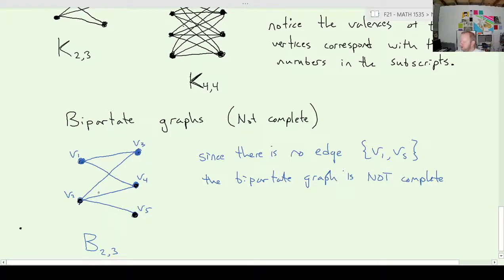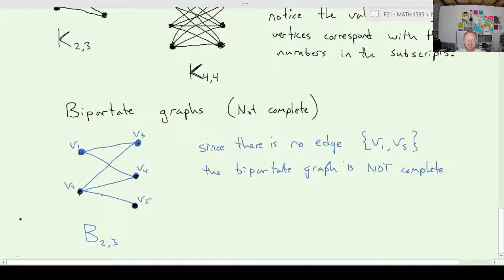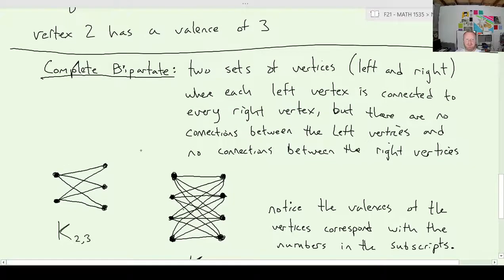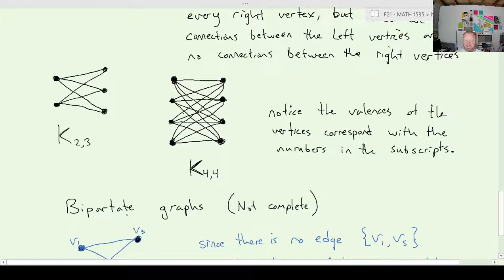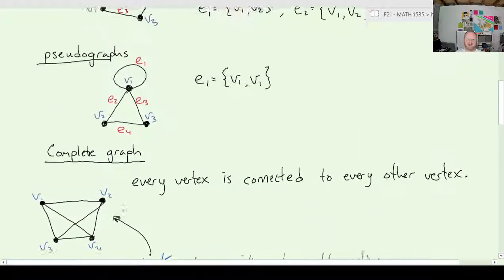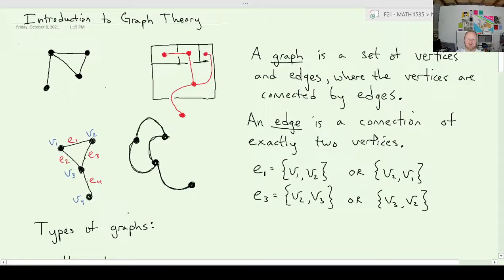Those are all the distinctions that I can make here without showing some movement on here. But make sure that you are able to answer true and false questions about complete bipartite and complete graphs, multigraphs, things like that.